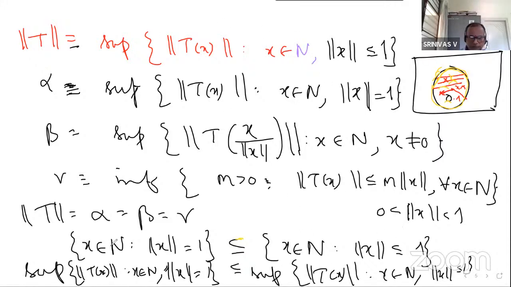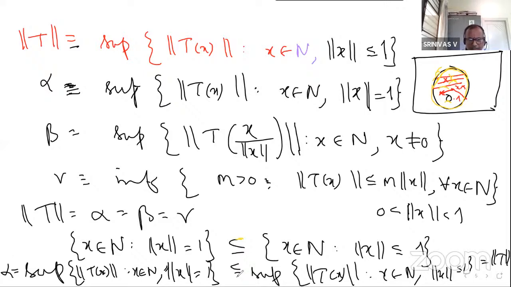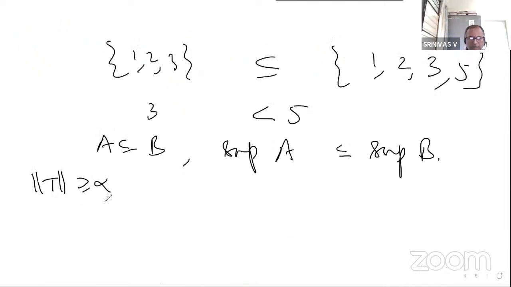So this is nothing but alpha, and this is norm T. So you have alpha less than or equal to norm T. I can say norm T is greater than or equal to alpha.